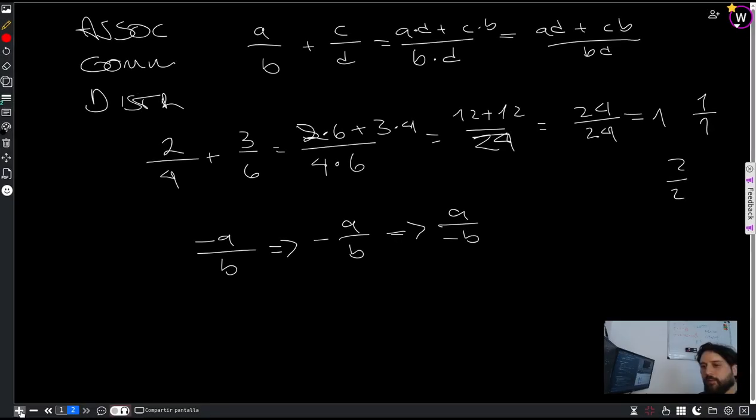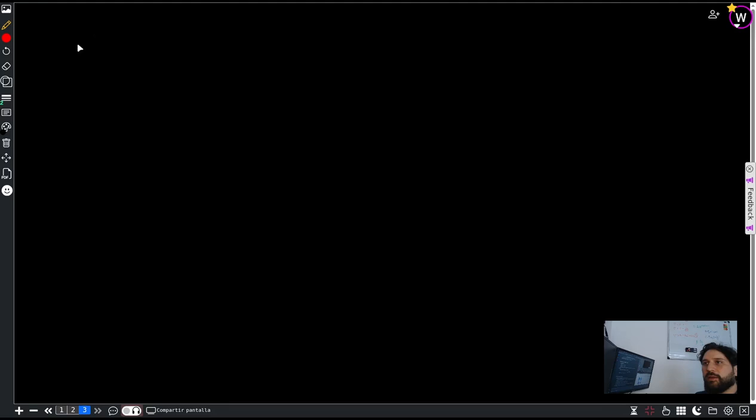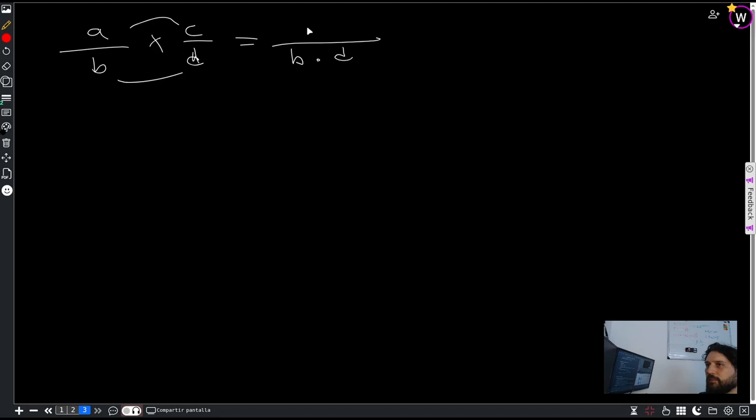Now, for multiplications, it is simpler in my opinion. So if we have something like A over B times C over D, the only thing that we have to do is multiply denominators and numerators. So we will multiply the denominators B times D and the numerators A times C. So this is AC over BD, right? Same here.